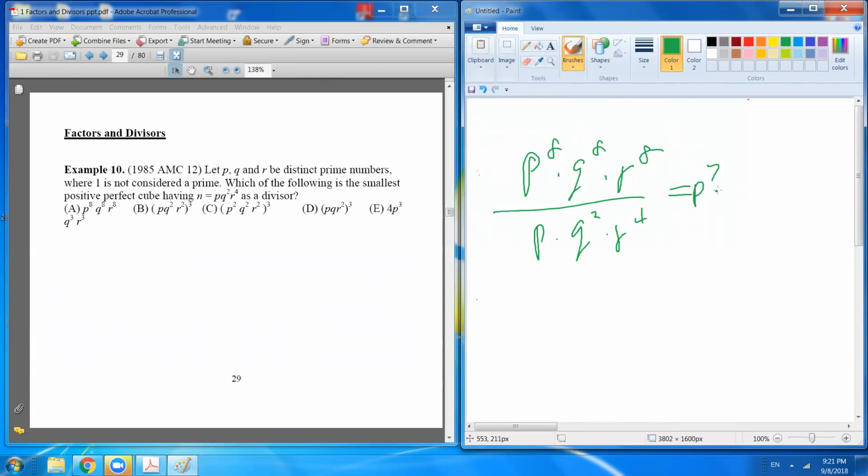P7, right? Q6, right? R4, right? And then we do same thing for this one, same thing for this one, same thing for this one, okay? Then we compare which one is the smallest. I got a D, okay? D.